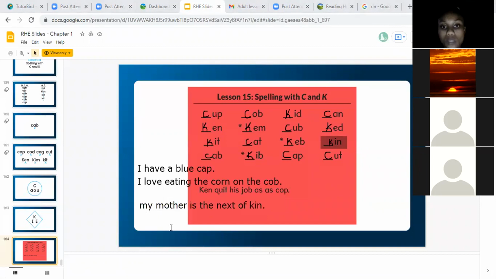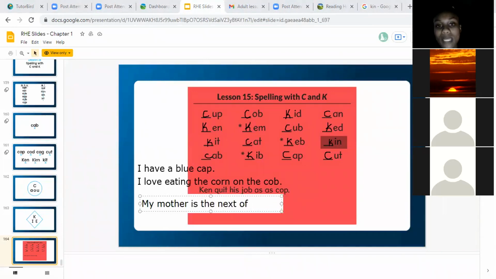Which one have we not used yet? Kid. Oh, this one should have been. In the meantime, Oral, give me a sentence with the word kid.